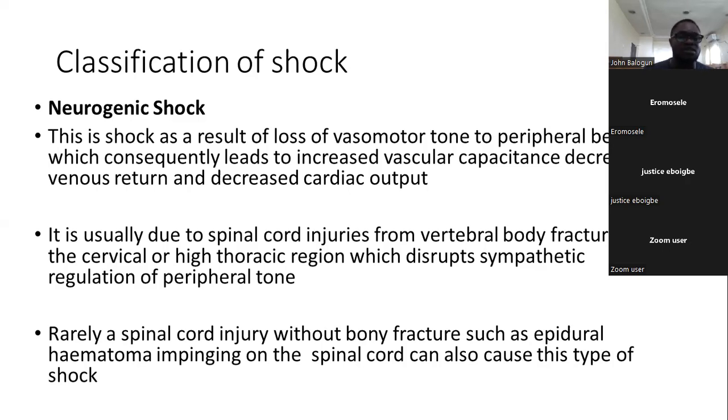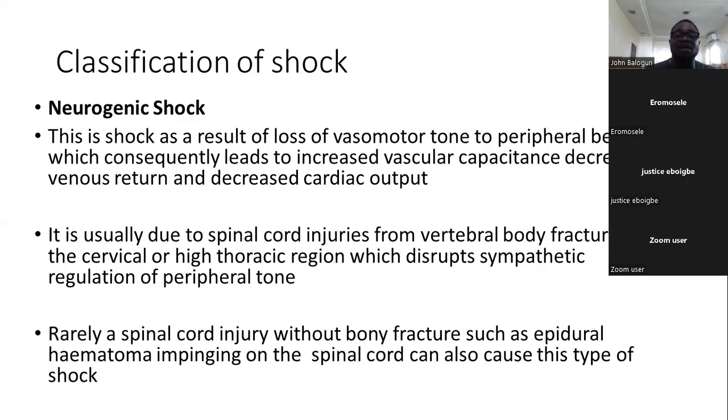If you want to urinate, you just feel like you want to urinate but you can't. You want to defecate, you feel like you want to defecate, you can't. So the patient may start having urinary incontinence, fecal incontinence, and so on.